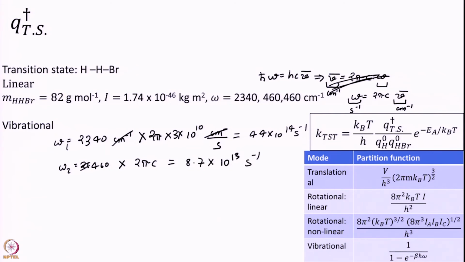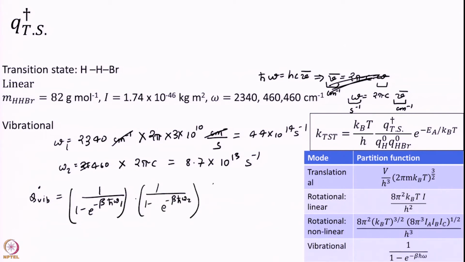Okay. So, then what I do is I have to calculate the vibrational partition function, which will basically be 1 over 1 minus beta h bar omega 2, and omega 2 actually appears twice, it is degenerate.